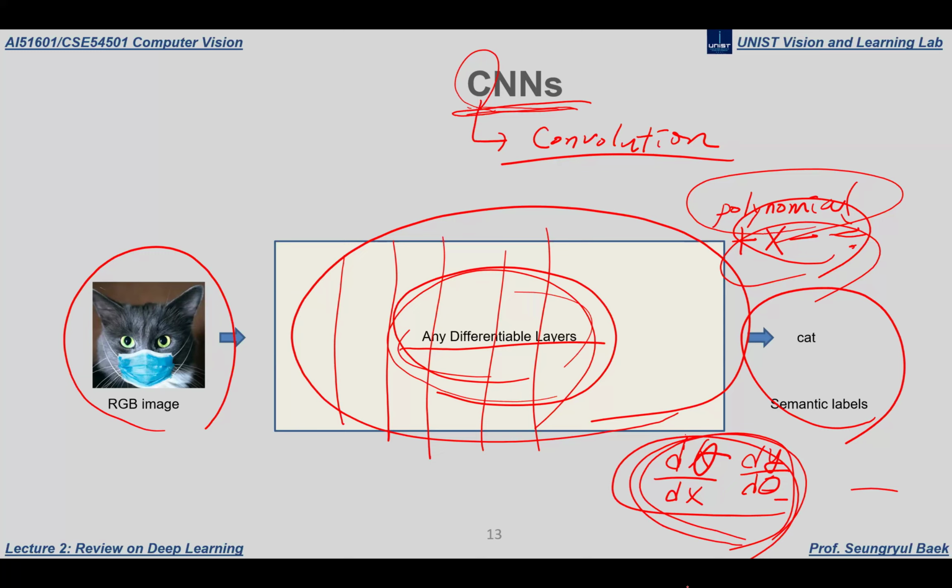And it means the entire CNN architecture is differentiable. So we can apply the gradient descent algorithm to update their parameters. Even though they are very huge, we can iteratively and repetitively apply the gradient descent algorithm to update all the intermediate parameters. Okay, are you guys understanding this?